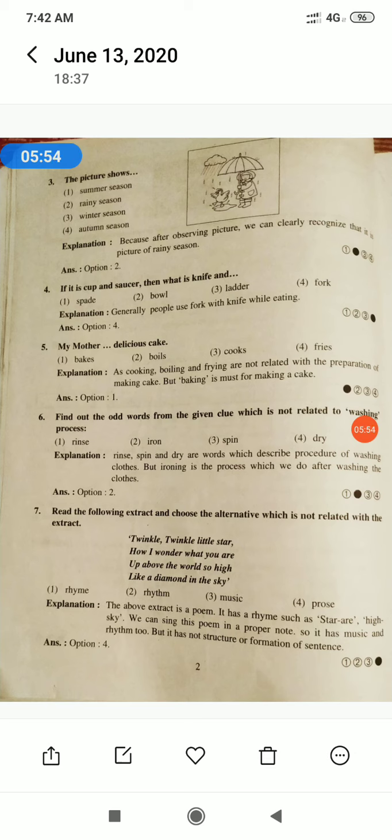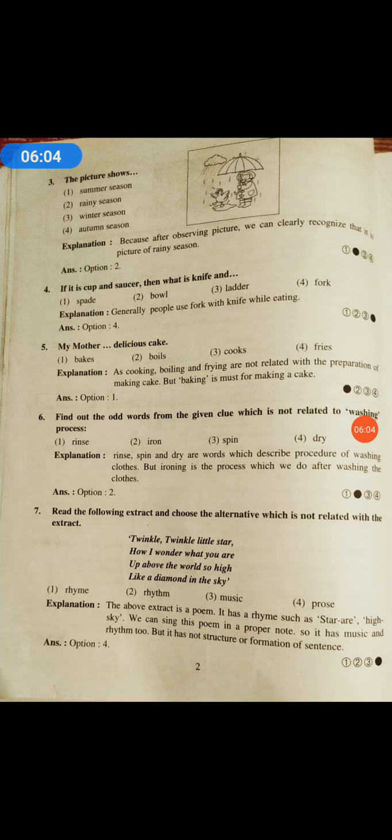So when we wash clothes, first rinse, spin and dry come, but after washing clothes ironing comes, so that option is not related to that question.